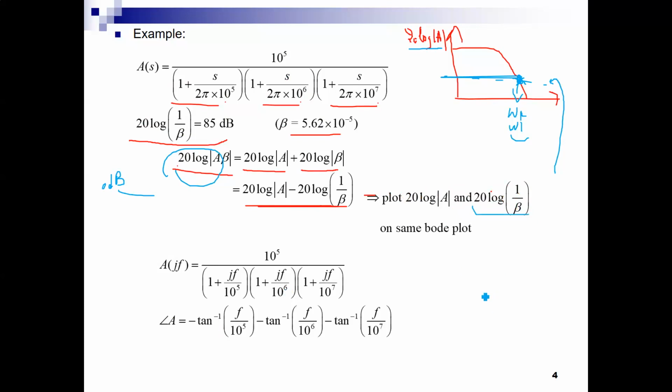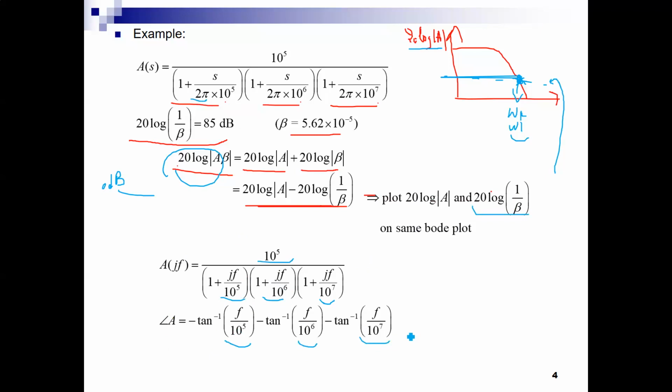What we're going to cover next time: it has 3 poles in the phase. For the 3 poles we can also numerically calculate the phase. The angle of A, the contribution of the numerator is positive, minus arctangent f over 10 to the 5, minus arctangent f over 10 to the 6, minus arctangent f over 10 to the 7.